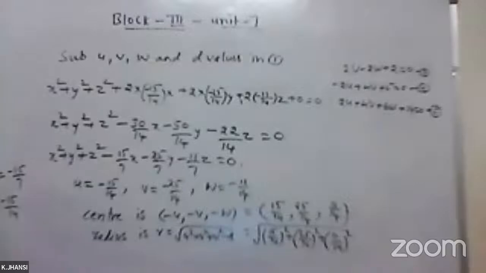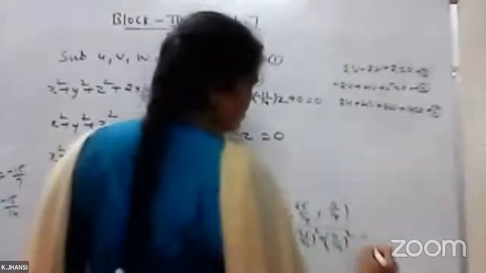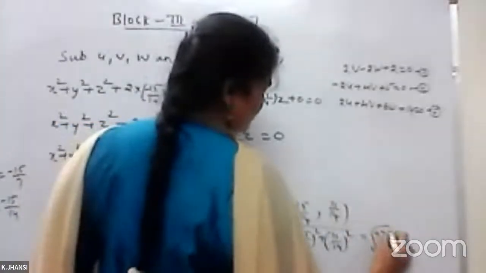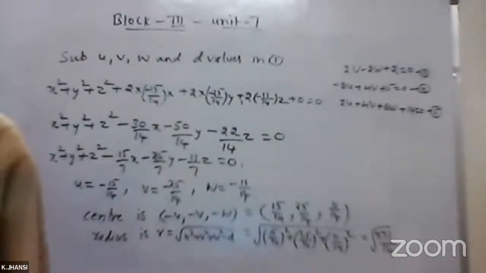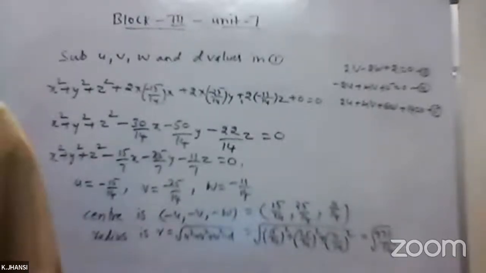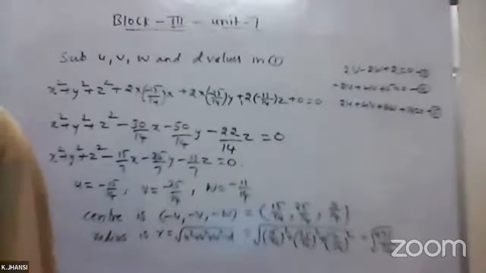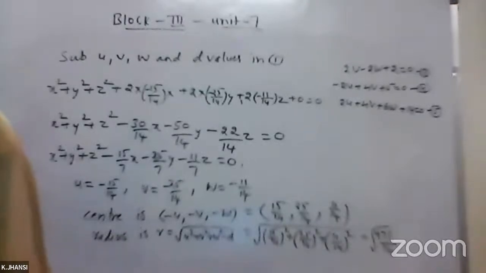With the help of a calculator, this value equals root of 971 by 14. Like this, you have to find the equation of the sphere when 4 points are given.